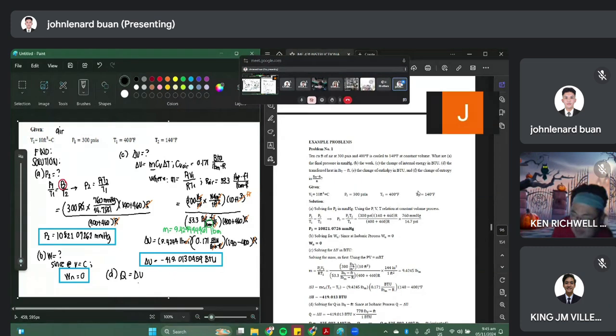So our heat is equal to negative 419.0130, which we will continue. Again, what is our conversion of unit? 1 BTU is equal to 778 pound force feet, all over 1 BTU. Cancel. Cancel.